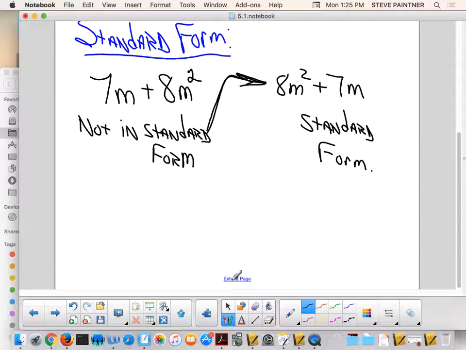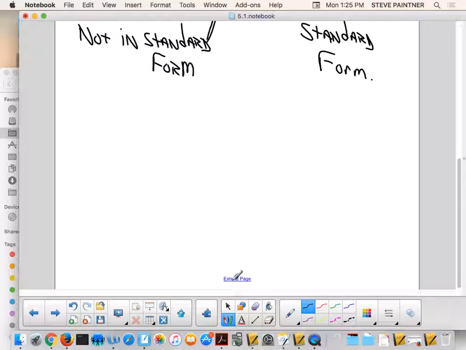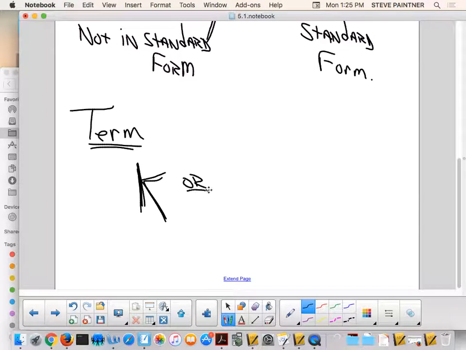Term. Okay? And a term is a number, a variable. Oh, that's all it is? A term is a variable. No. How about the letter K? So a term is a variable or a number, 6, or the product of a variable and a number. What does product mean?